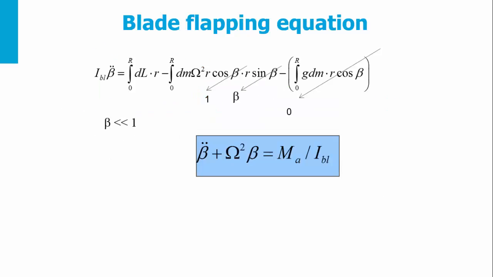Now, if we look at this equation, usually the gravity is neglected as it is quite a small force. We make the small angle approximation, where sine of beta equals beta and cosine of beta equals 1. You see then easily that the blade flapping equation for a blade in hover is beta double dot plus omega squared beta equals the aerodynamic moment divided by the blade moment of inertia.